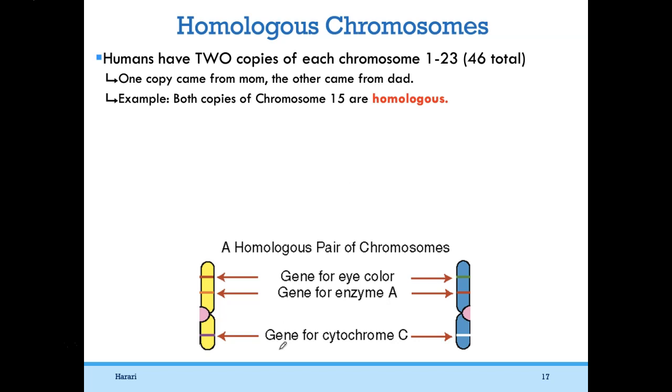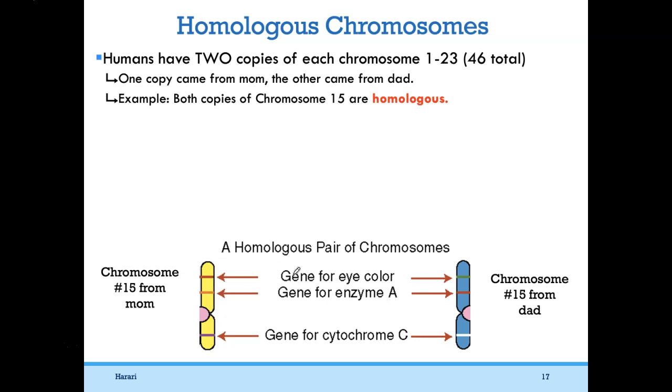So, for example, this is an example, not real. Suppose these are 2 copies of chromosome 15. Chromosome 15 from mom is here. Chromosome 15 from dad is here. We call these homologous because suppose that there are 3 different genes.